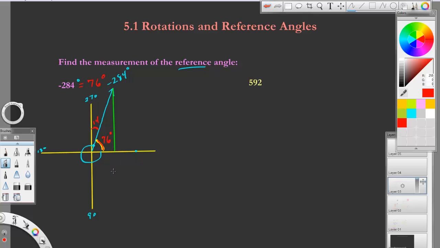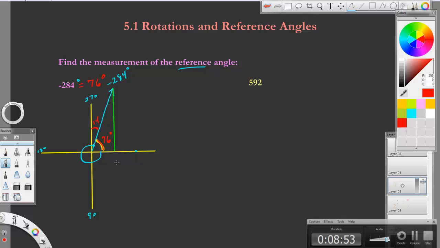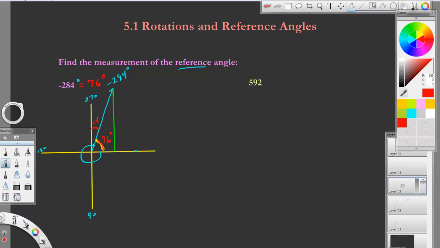Now, a lot of people, the first time they see this, are like, oh, I don't know if I got that or not. Let's try this again. Now, I picked the tougher ones here. 592 degrees. All right? You tell me, clockwise or counterclockwise? Counterclockwise.